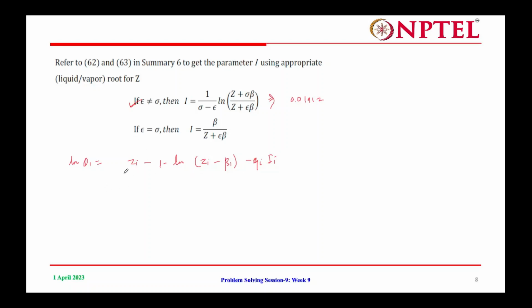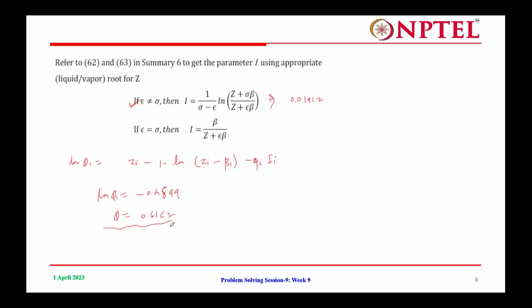Put the values. So ln phi is minus 0.4899. So phi is equal to 0.6162. So we got the phi value.